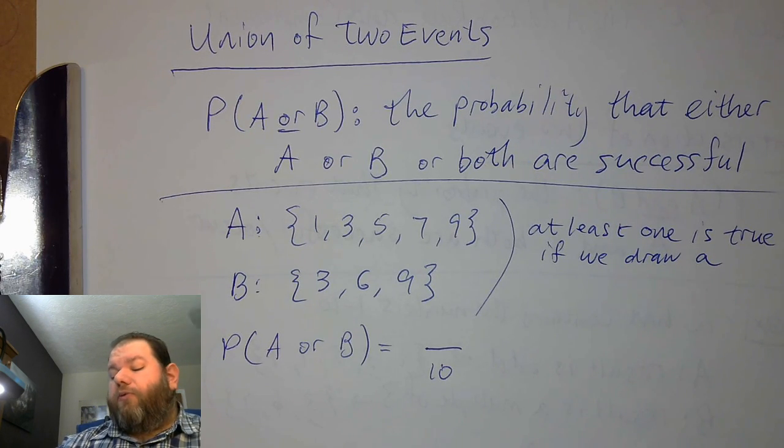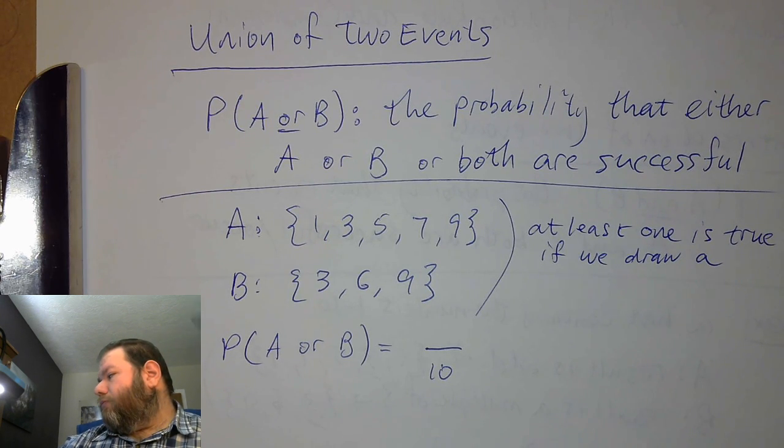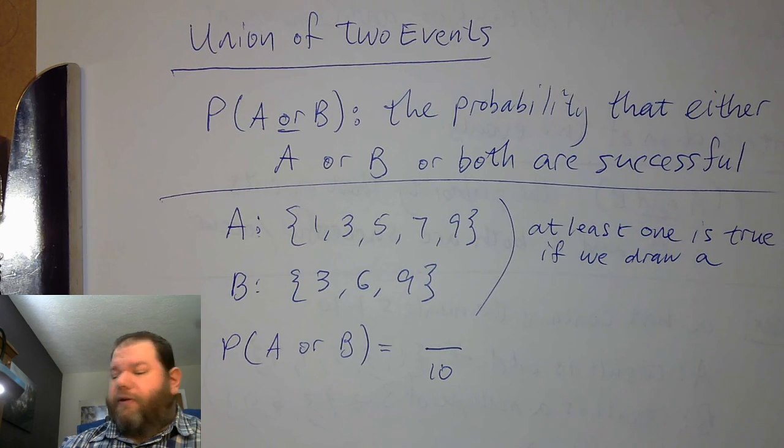So we would say at least one of these is true if we draw which numbers? This one is a little bit more tricky than the other one, that's why I did it second.